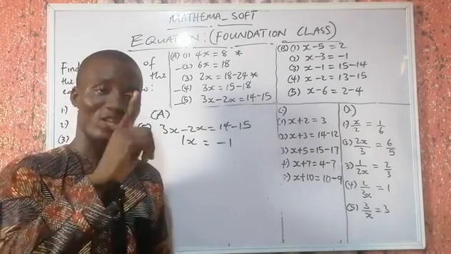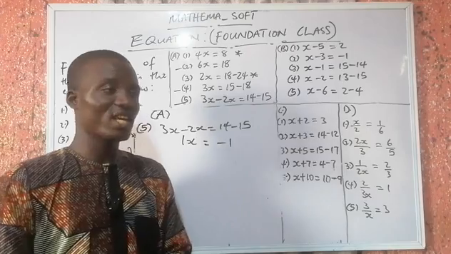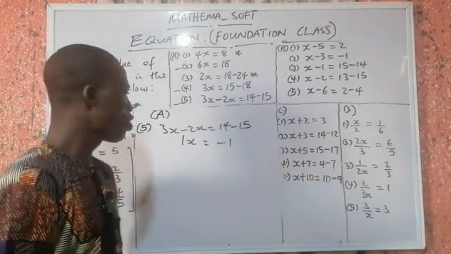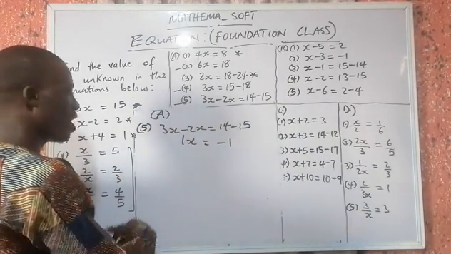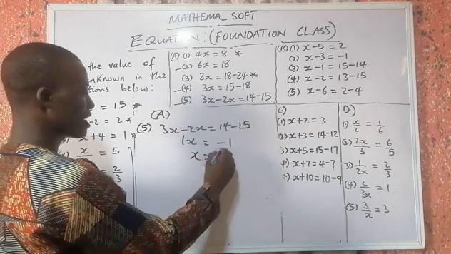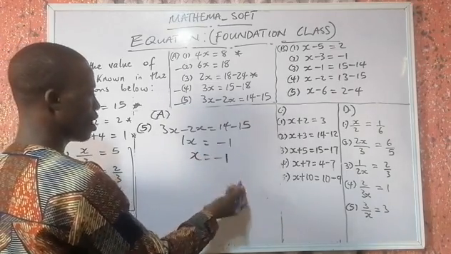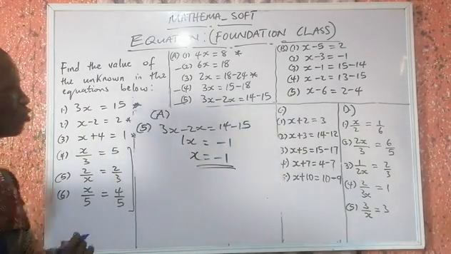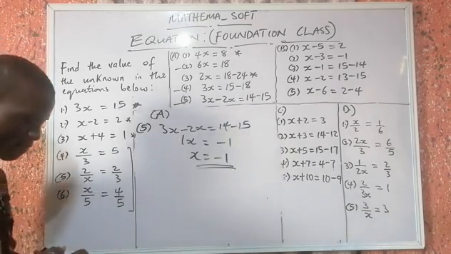Everybody knows that you are talking of 1 mango. When I say give me mango, of course I mean 1 mango. So when you have 1x, 1x simply means x, and that equals minus 1. So our answer is x equals minus 1 for number 5.